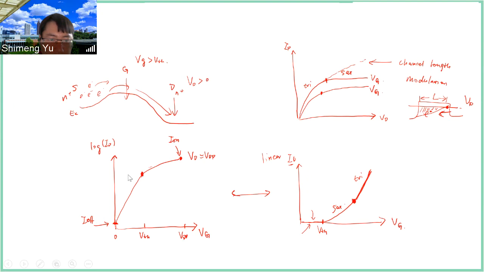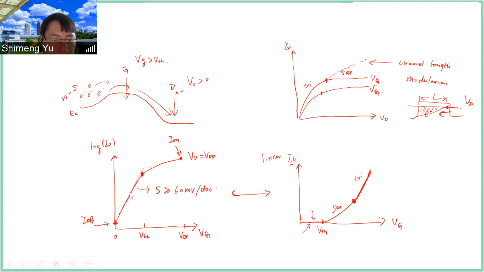And then in the subthreshold, then we talk about the subthreshold slope. So here this slope is the S factor. And we say that this one is larger or equal to 60 millivolts per decade. So what does this mean? It means if you want to reduce the current by 1 decade, you need to reduce the gate voltage by 60 millivolts at least.